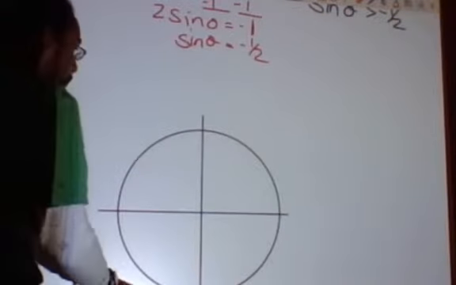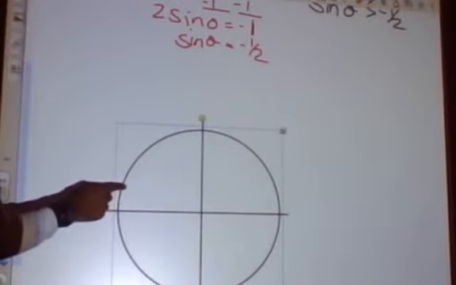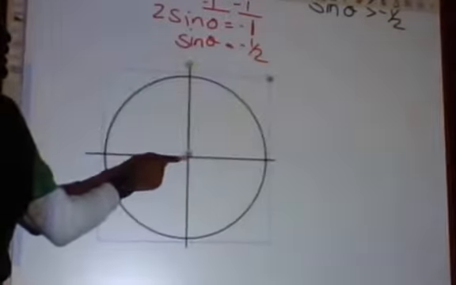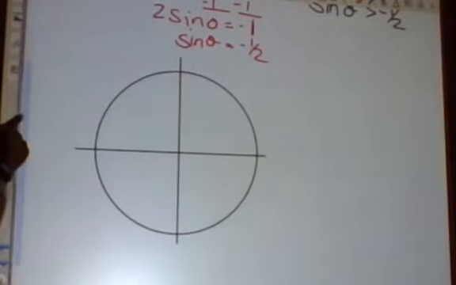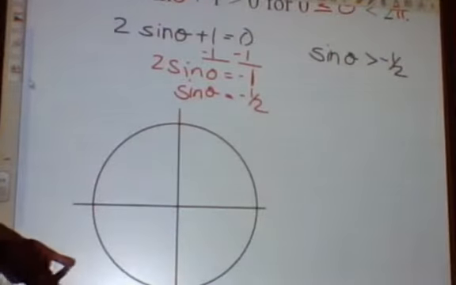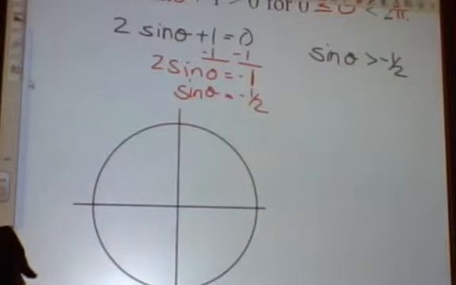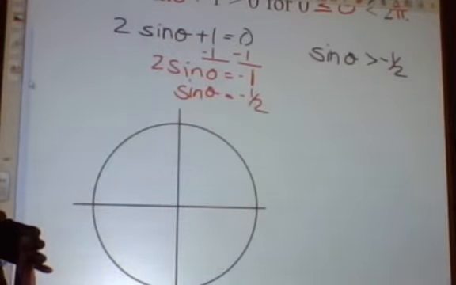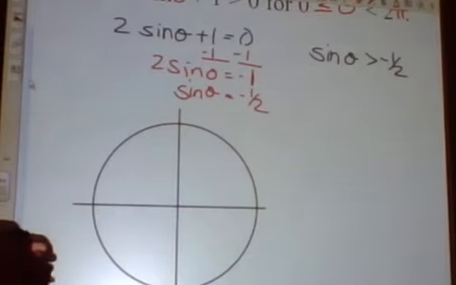What we need to find are all the values for this function, the sine function, where we are greater than negative 1/2. So that means it's either like negative 0.1 or negative 2 something, just a negative number or a positive number.